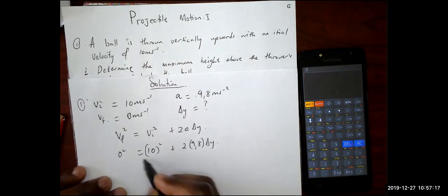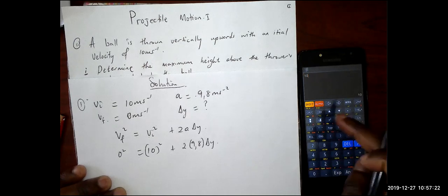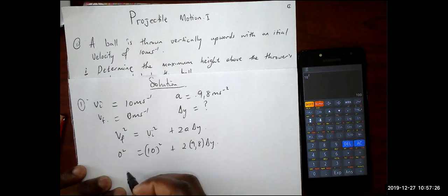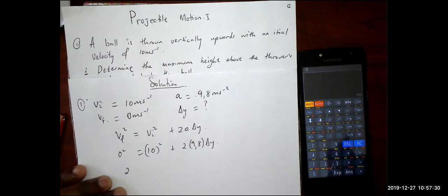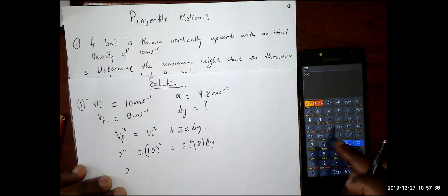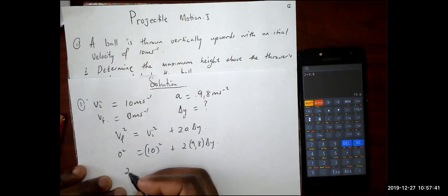Now, what are we going to do there? 10 squared is 100. Okay, 10 squared is 100. So we're going to say here it's going to be 2 times 9.8, which is 19.6.